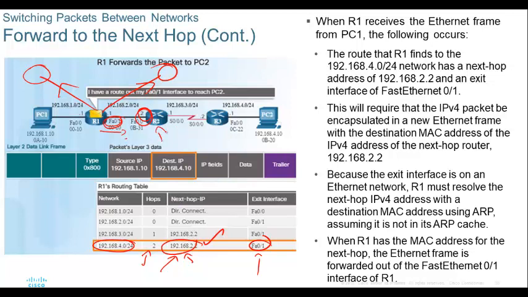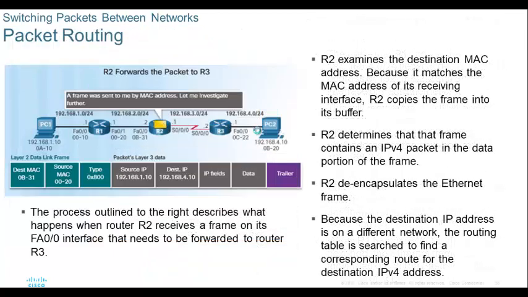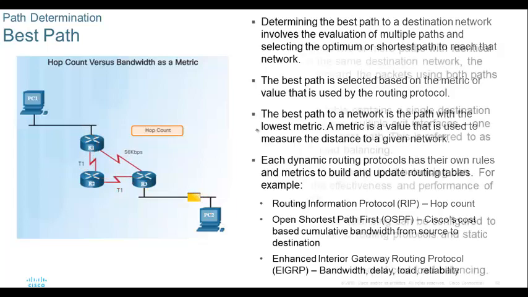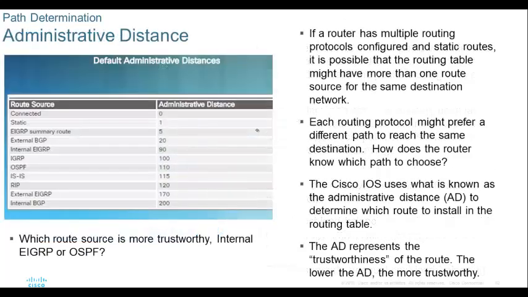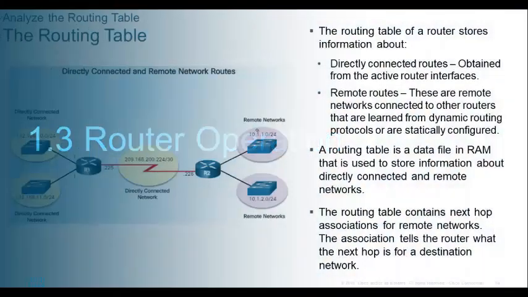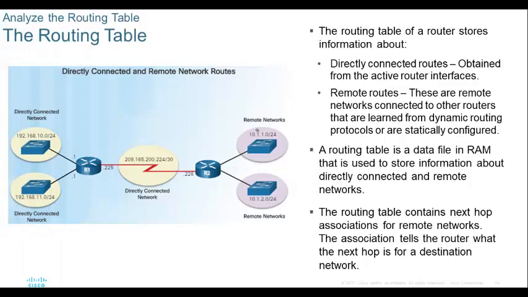And then this guy delivers here. So that's what routing table will have. See, routing table contains next hop address that will take you to the remote network. All right.